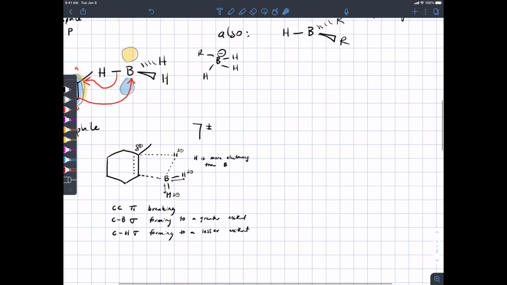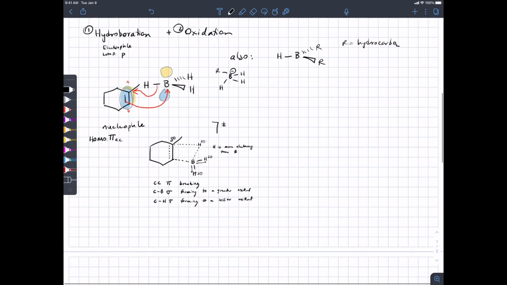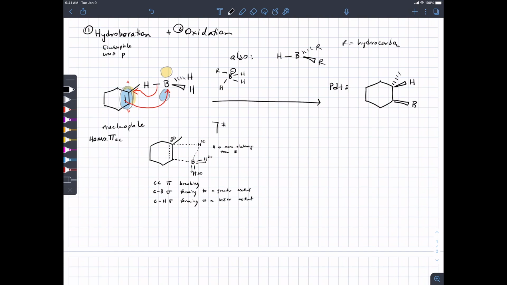Okay, so let's draw the product of that first step, hydroboration. I'm sorry, the product of hydroboration is as follows. You add hydride to the more substituted carbon, and you add BH2 to the less substituted carbon.